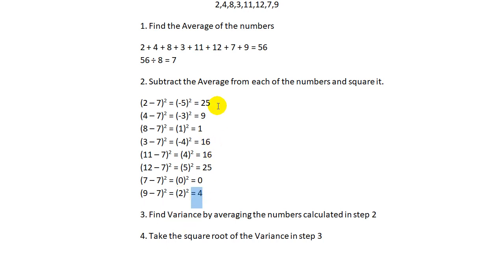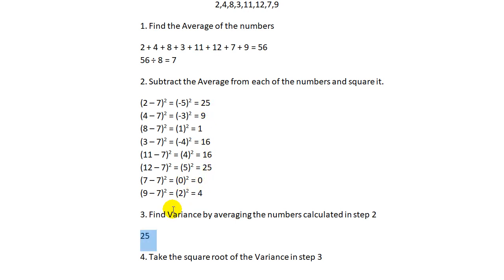Okay, so now we have this set of numbers, subtracting each one from the average, and now we find the variance, which is averaging the result of all the differences there. So we take 25 plus 9 plus 1 plus 16 plus 16 plus 25, plus 0, plus 4, and that all adds up to 96.